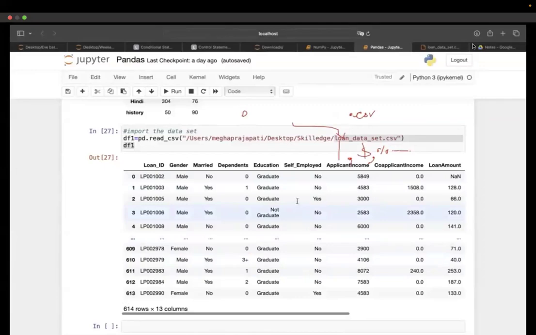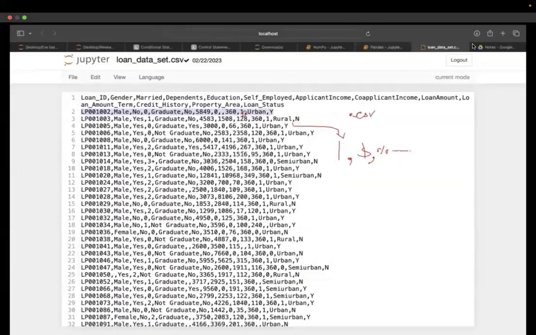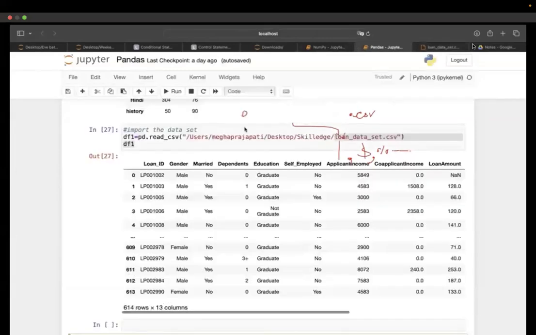Getting the point of what I'm trying to say? Let me repeat that again. If the separator here is other than a comma, and you still import the file like this, it is not going to convert your file into the tabular format. It is going to put all the entries in a single column. And that is what we don't want.